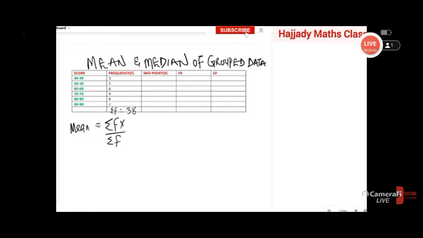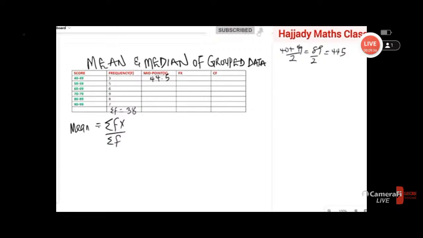Now calculating our midpoint, because the midpoint is going to stand for our score. Calculating the midpoint between 40 and 49, just on a rough sketch, 40 plus 49 over 2 gives 89 over 2, which is 44.5. So the midpoint of this is 44.5.